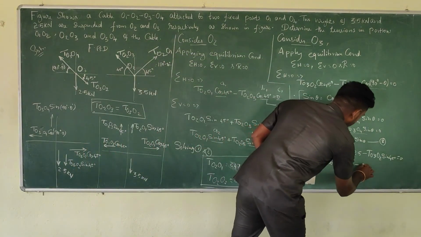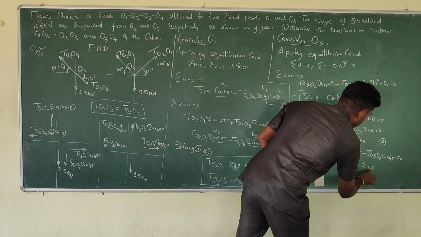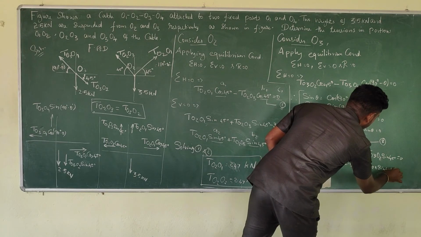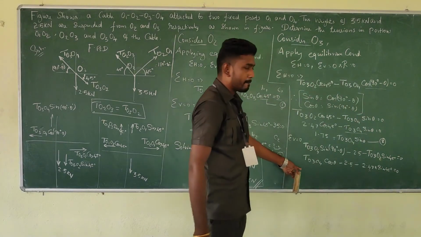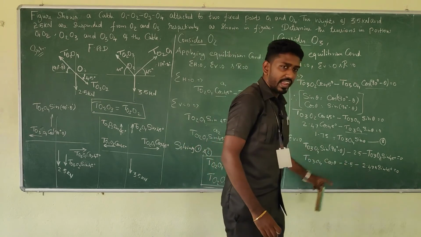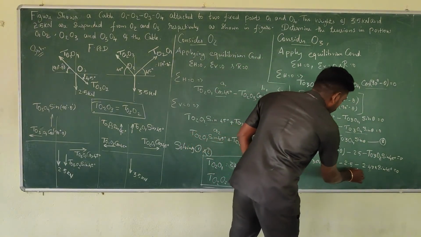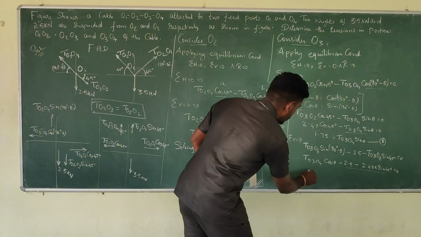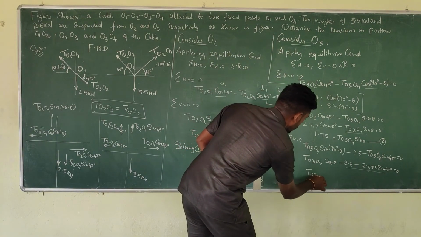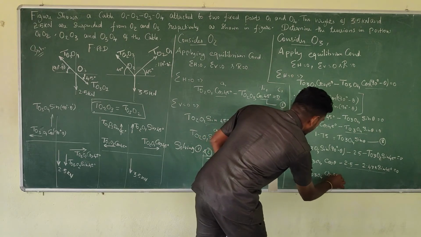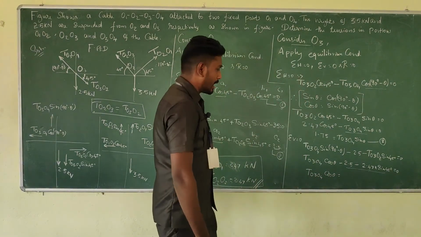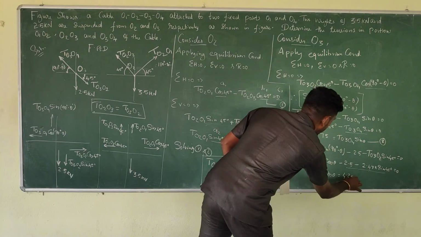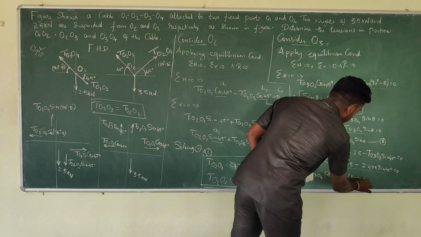So just substitute 2.47 into sine 45 degree is equal to 0. Simplify these terms and you will get T O3 O4 cos theta is equal to 4.25. So this is equation number 4.